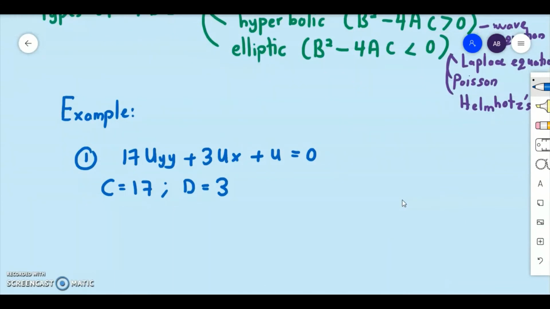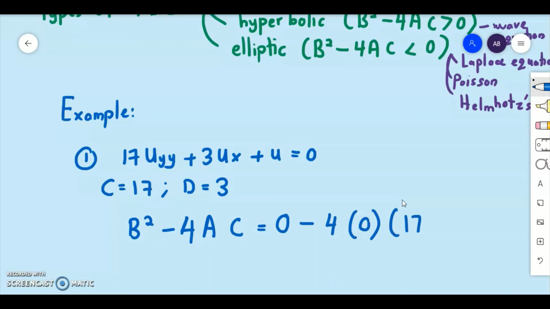all you need to use is this equation, b squared minus 4ac. Obviously in this case b is 0, and a is also 0, and c is 17. So it doesn't matter, because 0 minus 0 times whatever, you get 0 in this case.